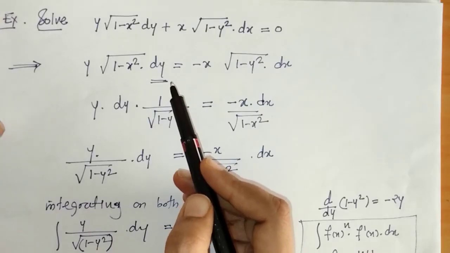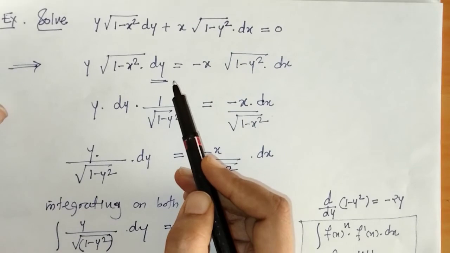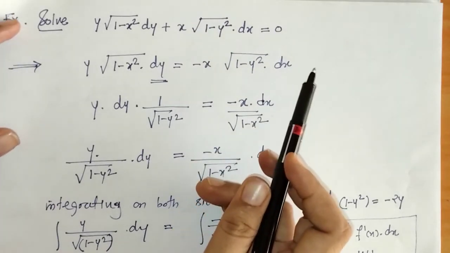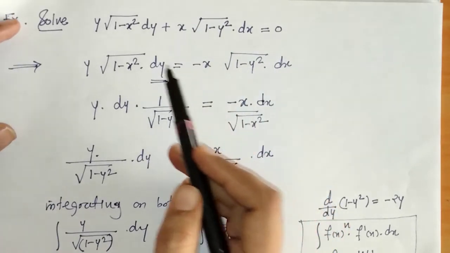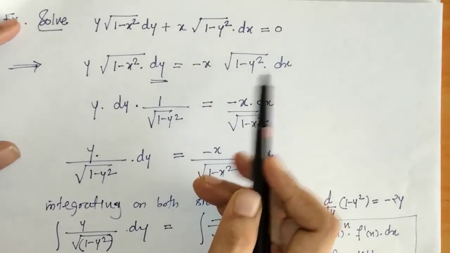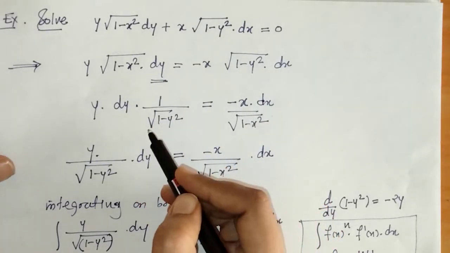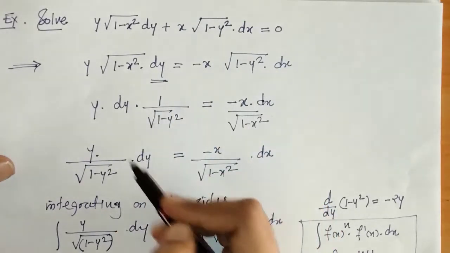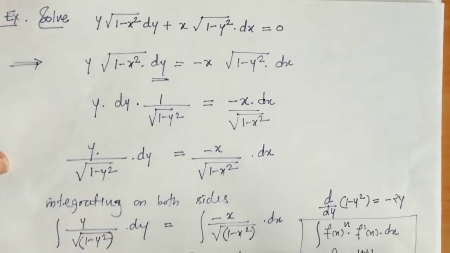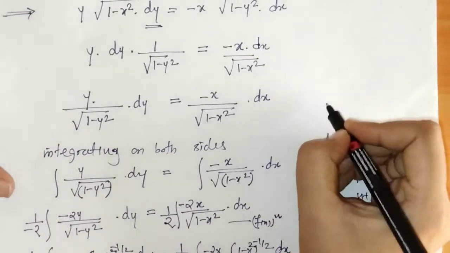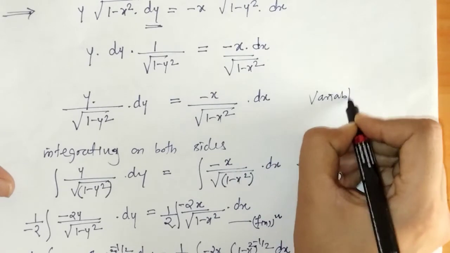So what we have to do: to solve any ODE of first order and first degree, we have to check whether we can separate the variables or not. Then doing some manipulations, we have to separate the variables. Then that is the required variable separable form.